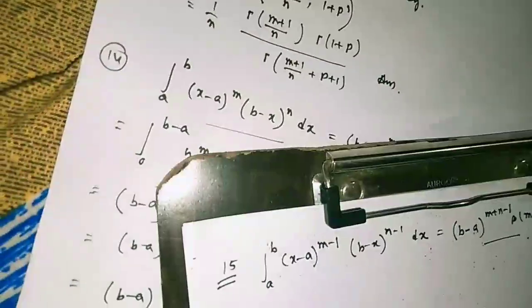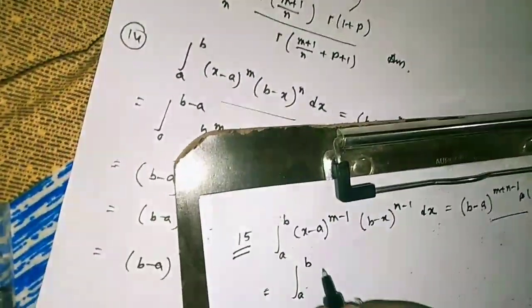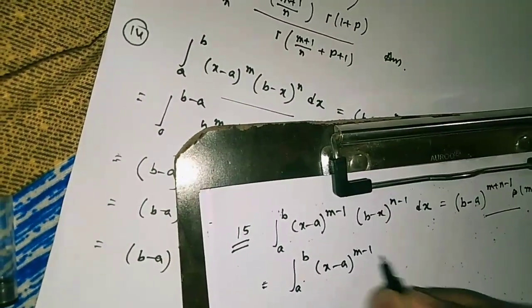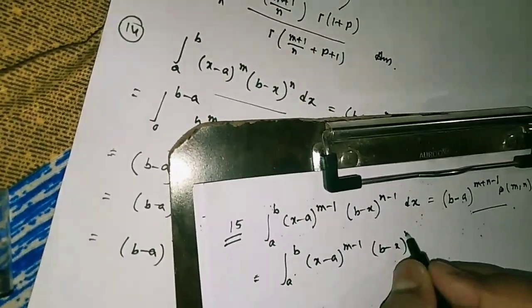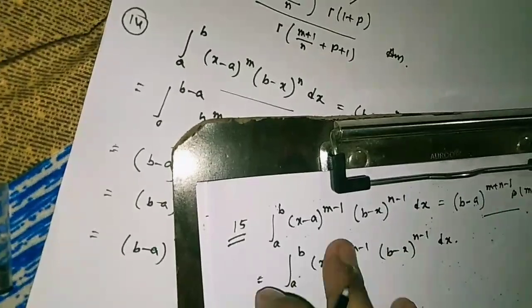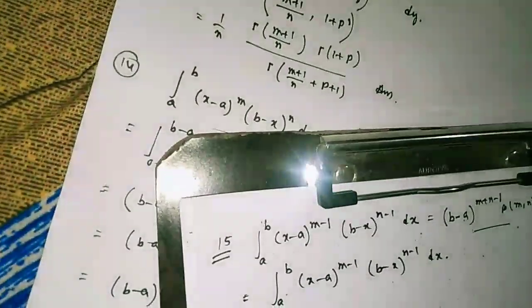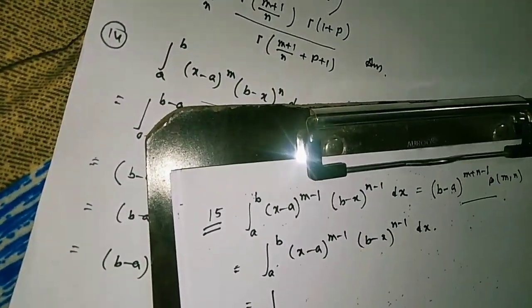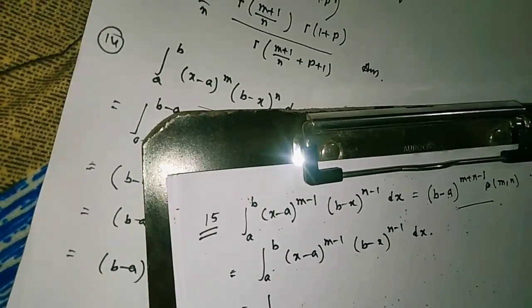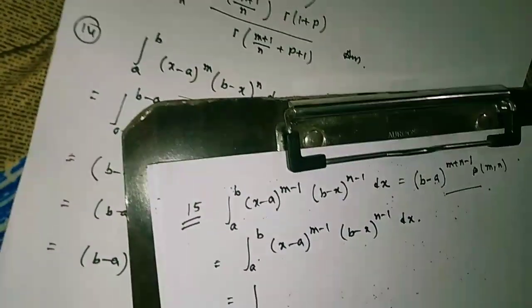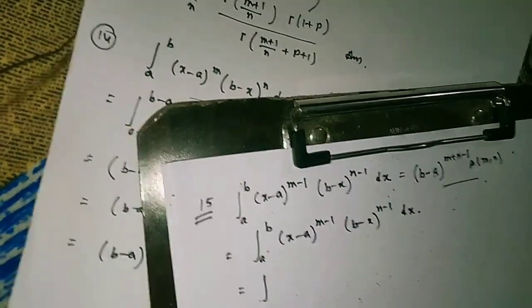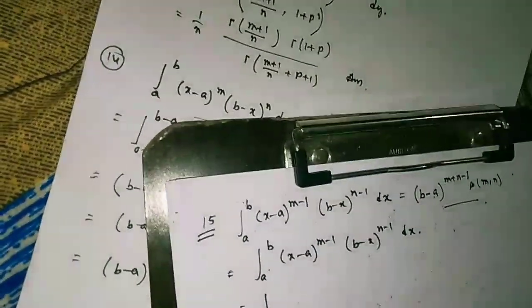So now I am writing this term, a to b, (x minus a) to the power m minus 1 into (b minus x) to the power n minus 1 dx. Okay, very clear. Now I will consider y equal to x minus a. You can follow the previous problem 14.